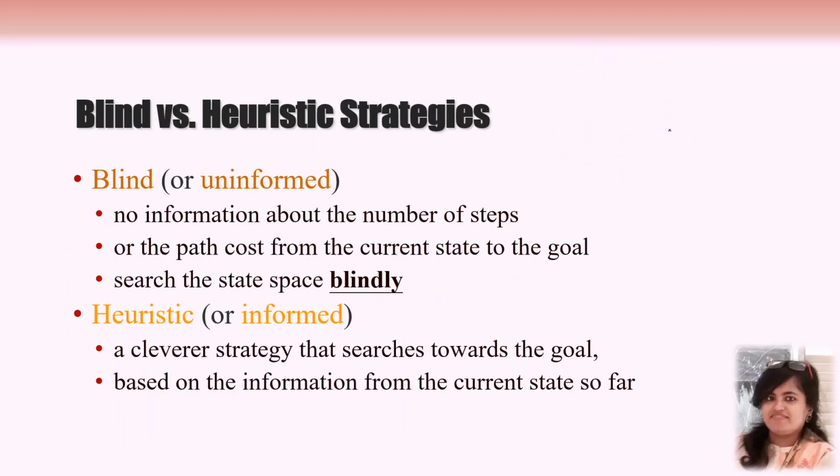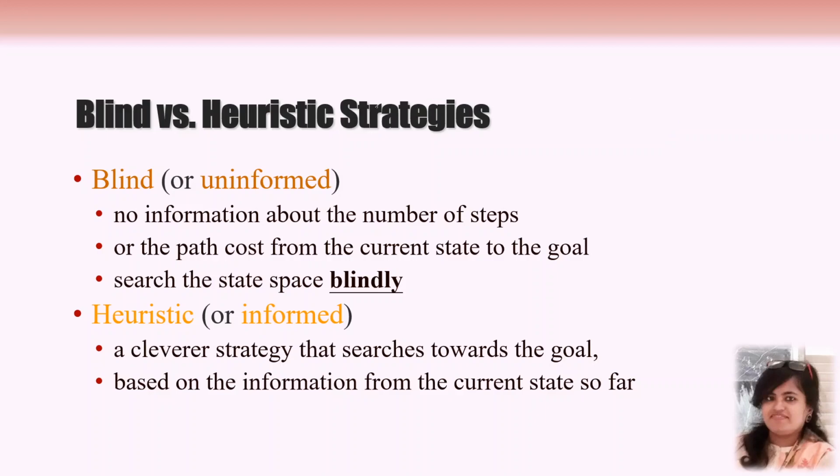Now there is one particular search strategy that is uninformed, and the other search strategy can be informed. We have already told you that uninformed search strategies are also known as blind searching. That is, in these search strategies, no information is given about the number of states or the path cost from the current state to the goal state, and the search is done by the blind concept, blind search.